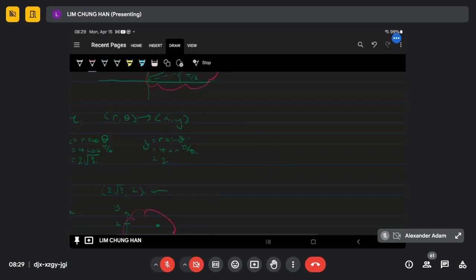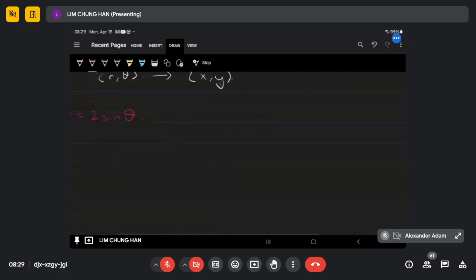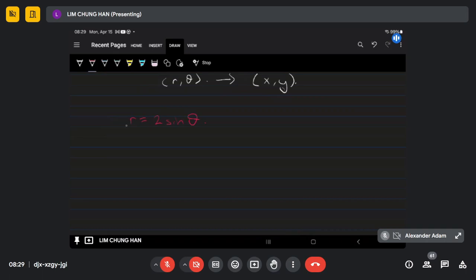We have a single power r here, and 2 sine theta on the other side.